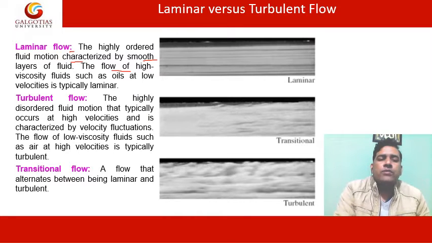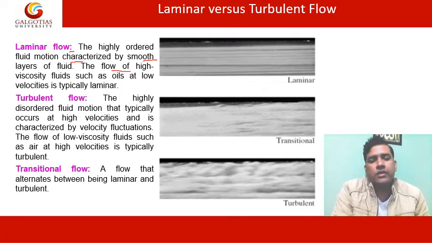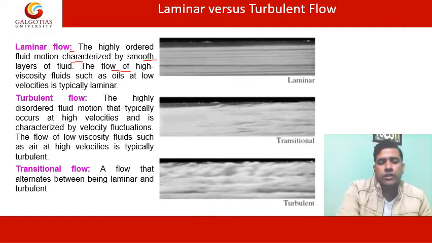The flow of low viscosity fluids such as air at high velocities is typically turbulent. And then there is another intermediate type of flow called transitional flow, where the flow alternates between laminar and turbulent, so it becomes difficult to identify whether the flow is laminar or turbulent.